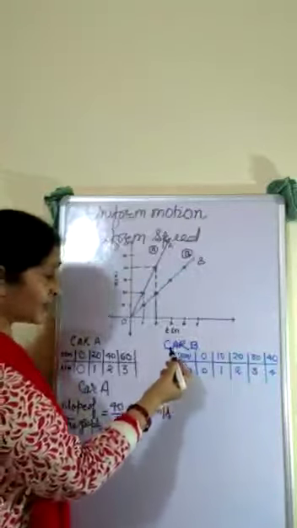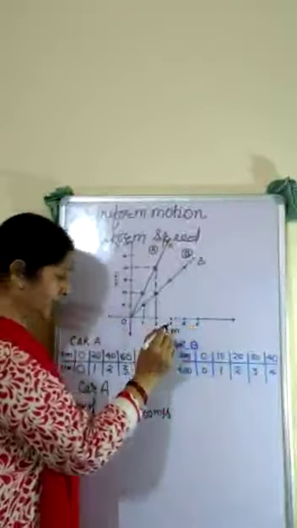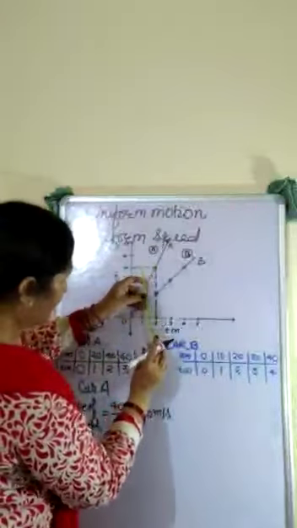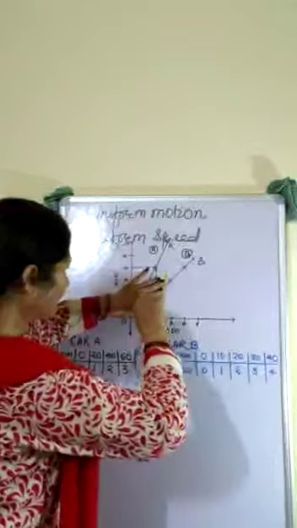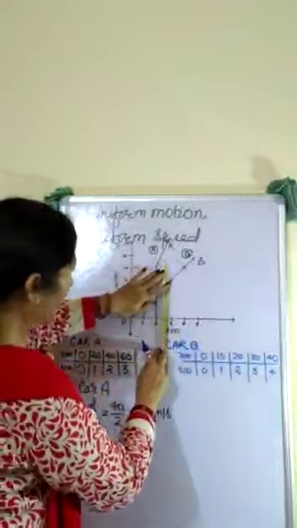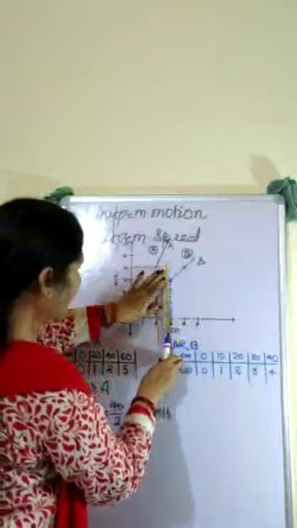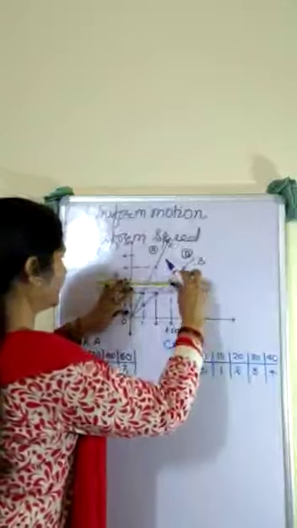Let us see for car B, and any one point again we will take. Let us choose this 3 second. At 3 seconds, the distance travelled by car B is 30.